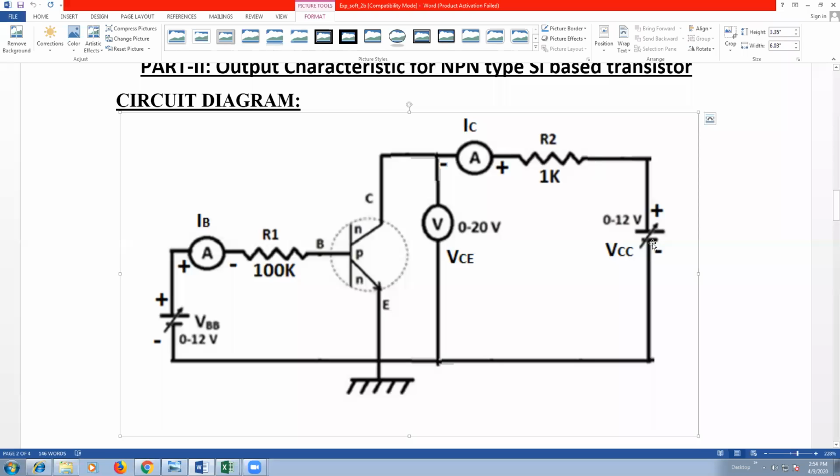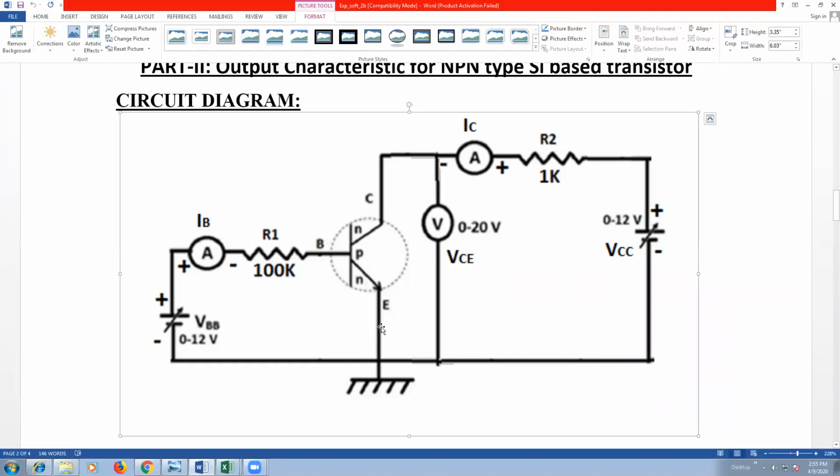Starting from the positive terminal of VCC, it is connected with one terminal of R2, which is 100 ohm. The other terminal of R2 is connected with the positive terminal of the ammeter. The negative terminal of this ammeter is connected with the collector terminal of the NPN transistor.